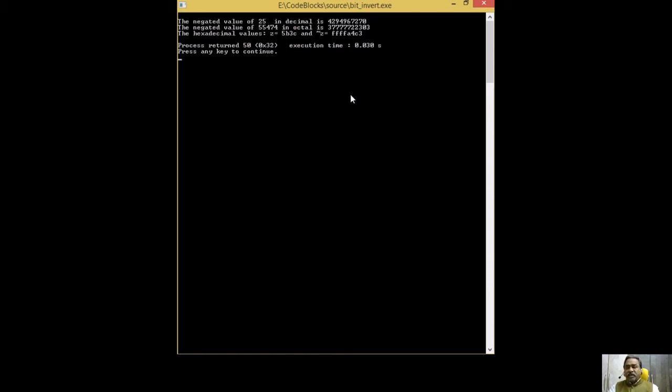If we use %d for all of them, we'll get the answer in decimal. If we use octal, we'll get all answers in octal only. So this is how the negation operation works. Now we'll go to another concept. We'll see that numerical example, how the compiler has done it, through a PowerPoint slide.